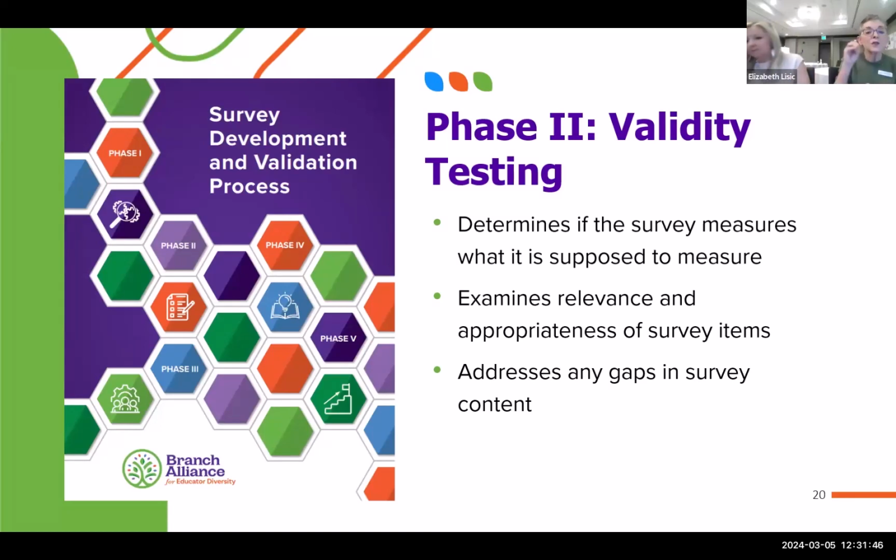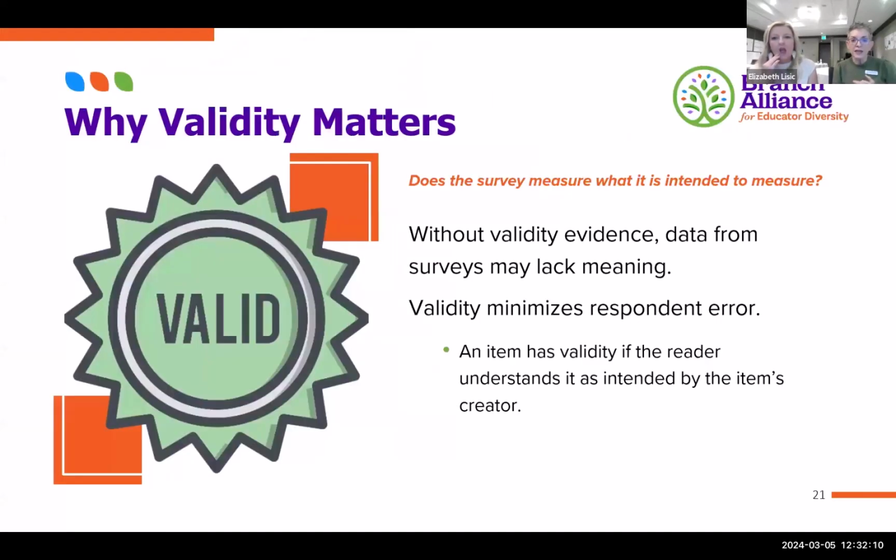This is a really important thing to do, because sometimes when we've just been immersed in it, we are blind to either the way it sounds, because we know what we're trying to say, or things that may be missing that we overlooked. So phase 2 is inviting external members, subject matter experts, to come in, take a look at it, and give you feedback on that document.